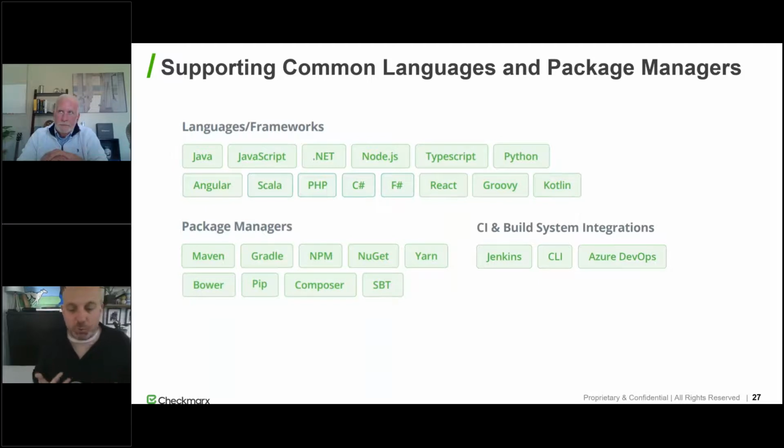As you go through and determine what kind of vendor you want, make sure they fit the languages and, more importantly, the package managers, because the package manager is the thing that's going to have the manifest file, and that's really where you get the most accurate scans: by having the SCA read that manifest file and understand the package manager being used to build the application itself.